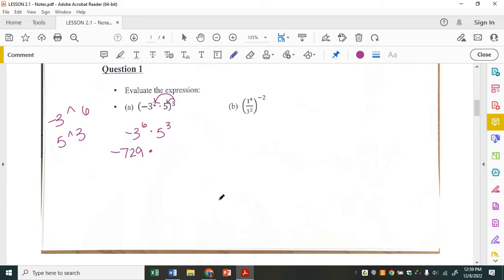So 5 raised to the 3rd power is 125. Now that I've gotten rid of all of my exponents, this is the step where I'm now allowed to multiply. You can't have any exponents before you multiply numbers. So I'm going to multiply -729 times 125.